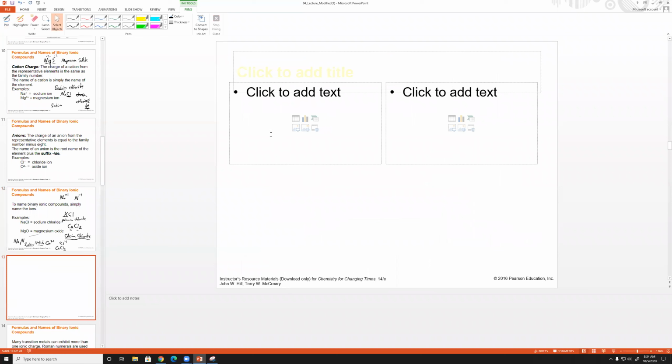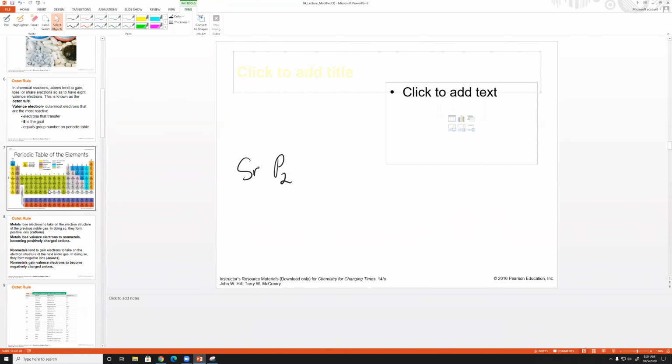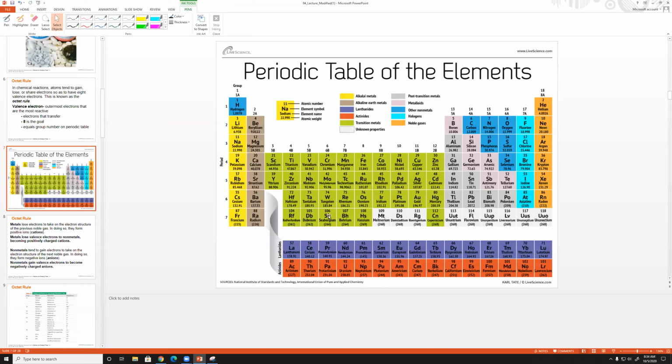Let's do one more. Sr3P2. Okay, so where's Sr? Sr is right here. That's strontium.